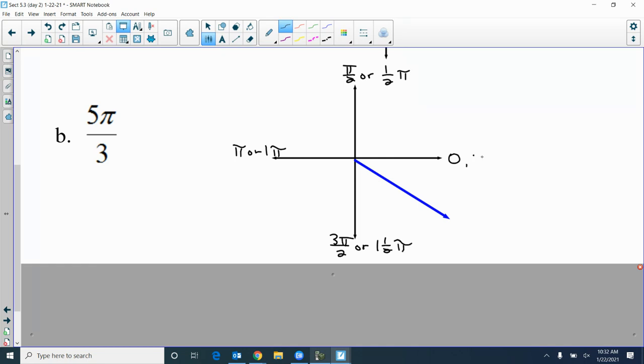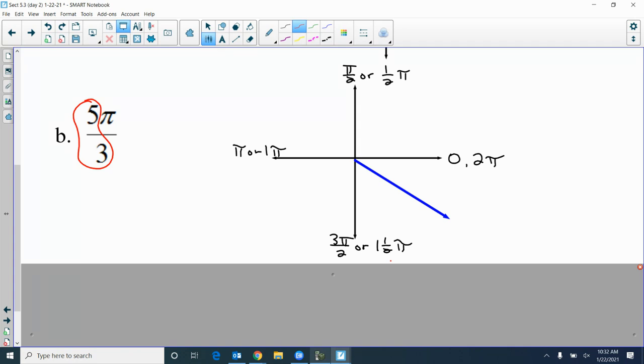And 360 is 2 pi. What I like to do is take the coefficient, compare it to the quadrants, and figure out where it's going to be. If my coefficient is between 0 and 1/2, it's got to be in quadrant 1. If it's between 1/2 and 1, it's in quadrant 2. If it's between 1 and 1.5, it's in quadrant 3. If it's between 1.5 and 2, it's in quadrant 4.